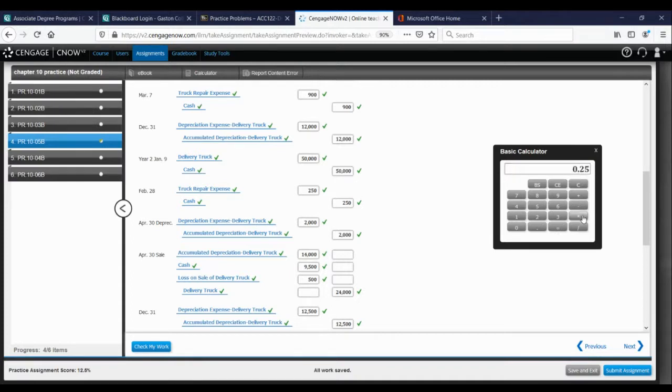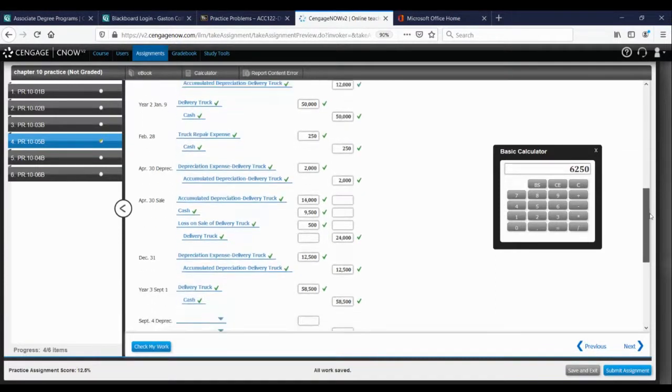What this will do is give you an annual amount of depreciation. We don't want an annual amount of depreciation. We're not through yet, so we'll have to multiply the depreciation rate of 25% times 8 months divided by 12. That 8 months means that we are bringing the depreciation up to the date of the sale.